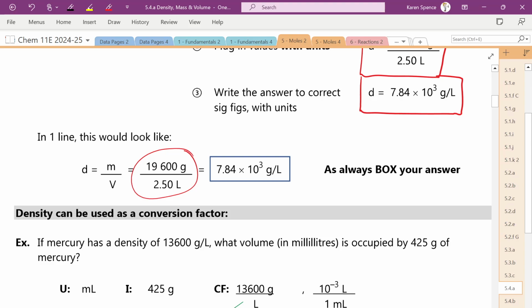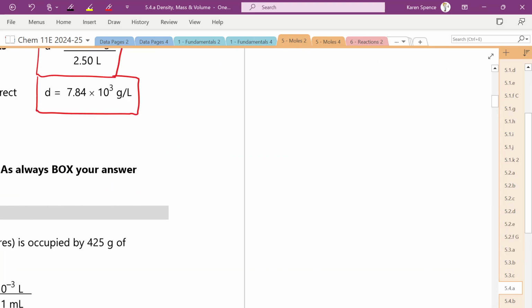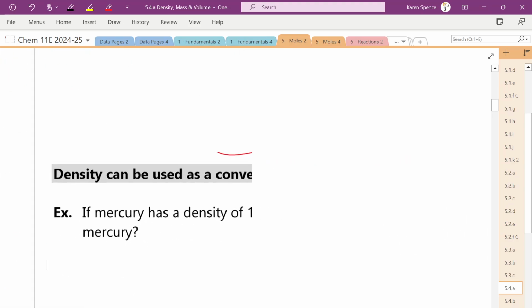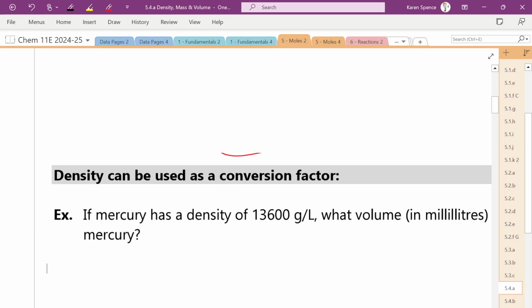Density can be used as a conversion factor. We have a density here. How should we rewrite that for it to look like a normal conversion factor?